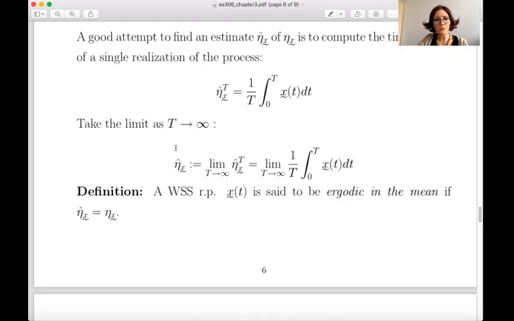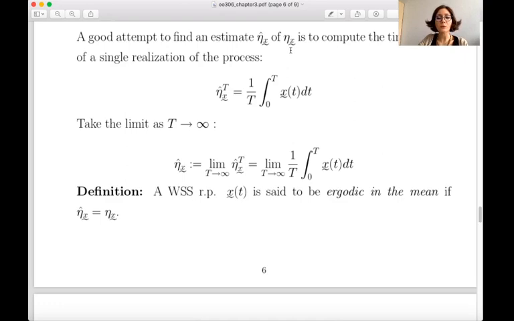So the question is, when is this eta x hat equal to the actual eta x, the actual expectation, the actual mean of your random process? For some random processes, when you do this calculation, it actually converges to the actual mean.